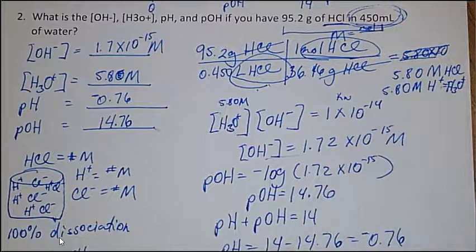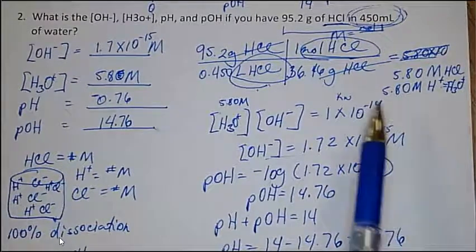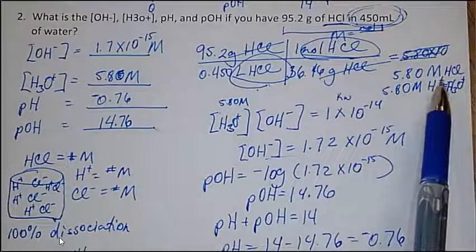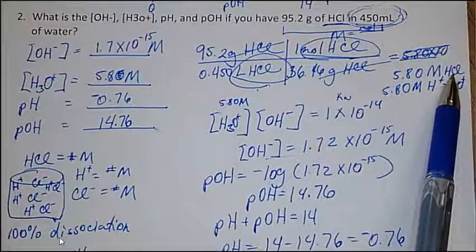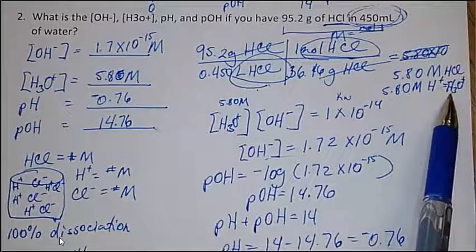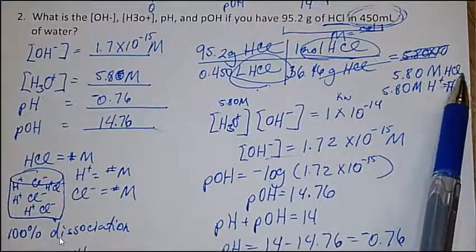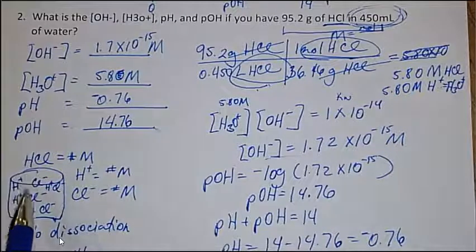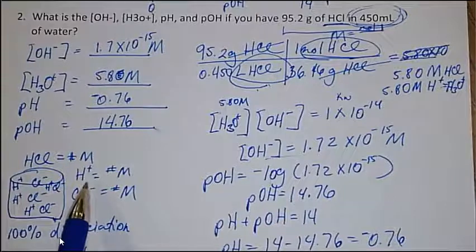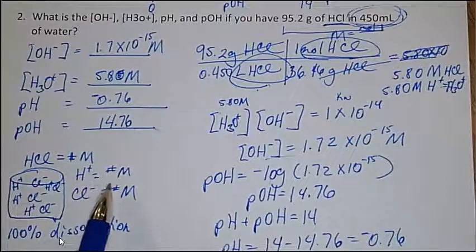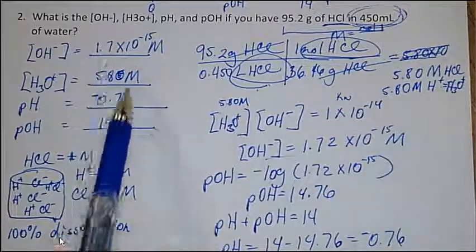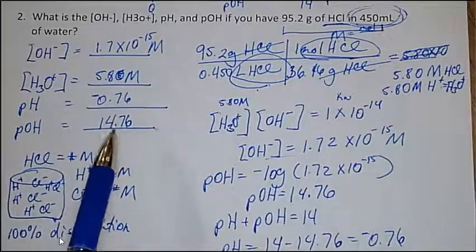But for strong acids and bases, it's pretty easy. When you find the molarity, realize that if you are working with an acid, then because that hydrogen breaks up in your solution, you are actually getting the hydrogen ion concentration. Okay, and once you understand that, then it's pretty easy, I think, for you to solve this in every case.